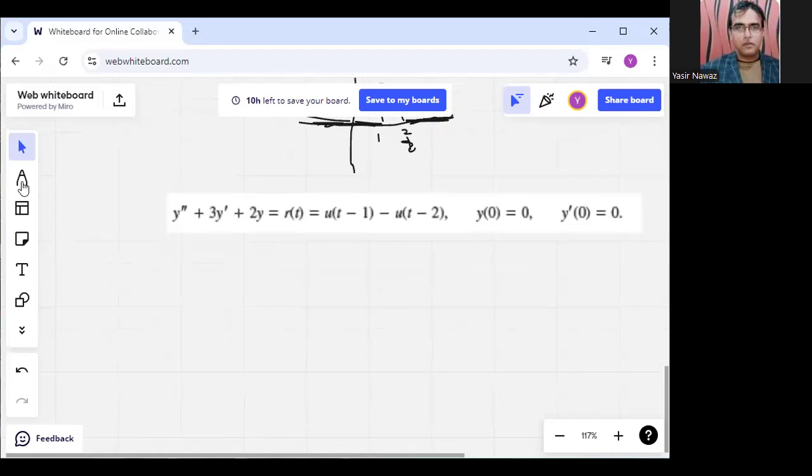When I apply the Laplace transform on both sides, the Laplace transform will be applied on the whole left hand side, and also on the right hand side as well.